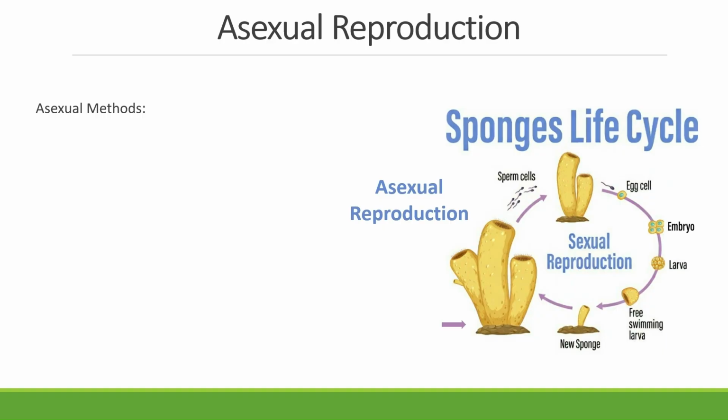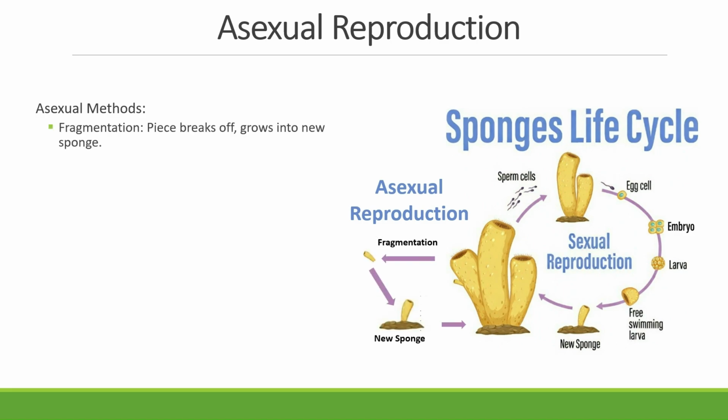Sponges are remarkably good at reproducing without sex, and this makes sense for sessile animals that can't go around finding new mates. There are two main asexual methods. In fragmentation, a piece of the sponge simply breaks off, often due to wave action or an animal brushing up against it, and that fragment settles somewhere else and grows into a new sponge.